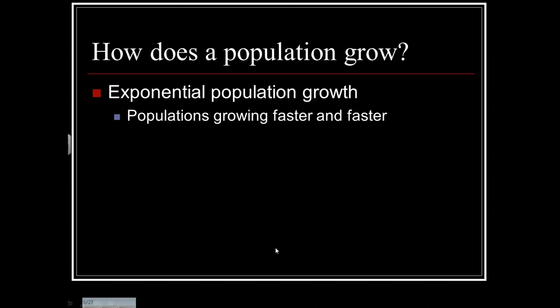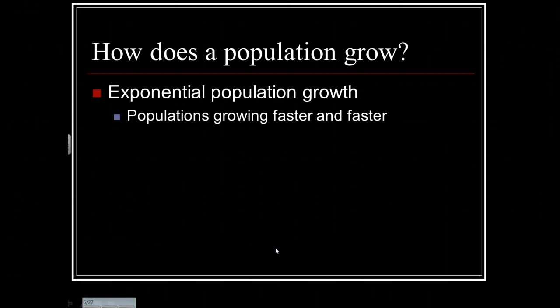For right now, you need to know that the growth rate is exponential. If you look at the graph, you'll see that the populations are growing faster and faster. The book gives you the example of a group of 6 puppies. If a pair of dogs gives birth to 6 puppies, there are 6 dogs in that one generation.